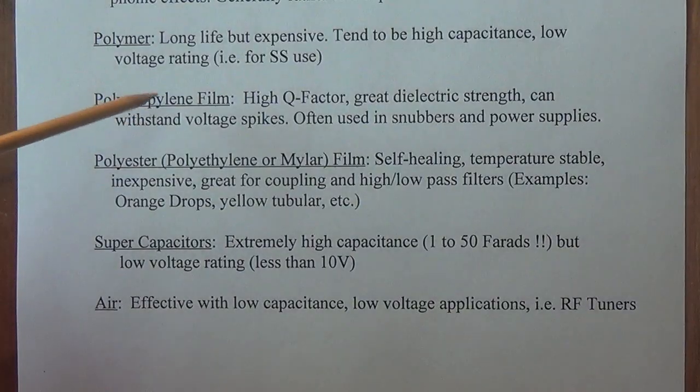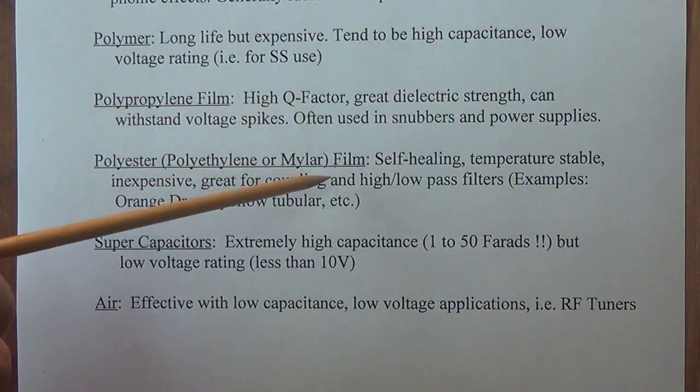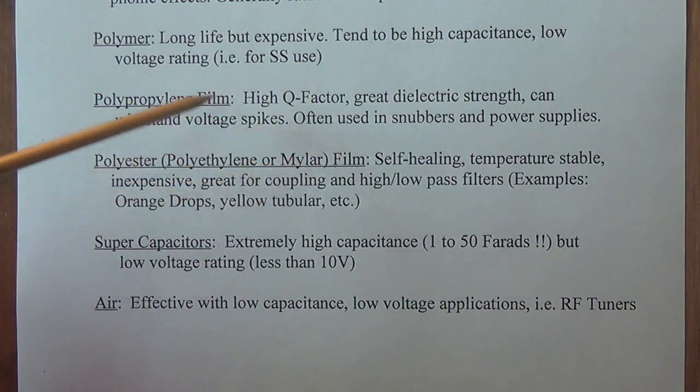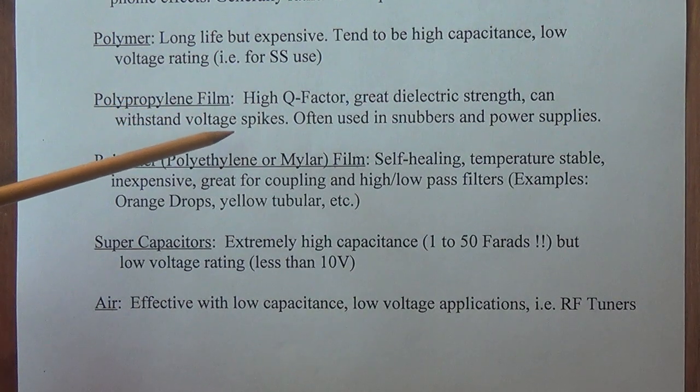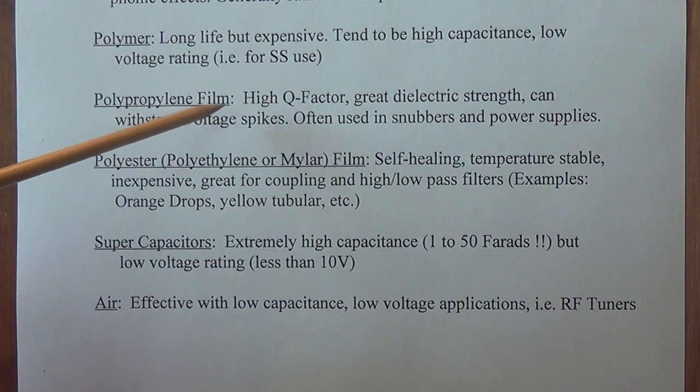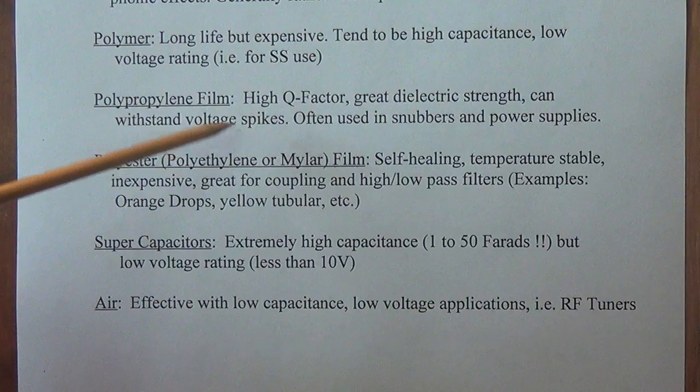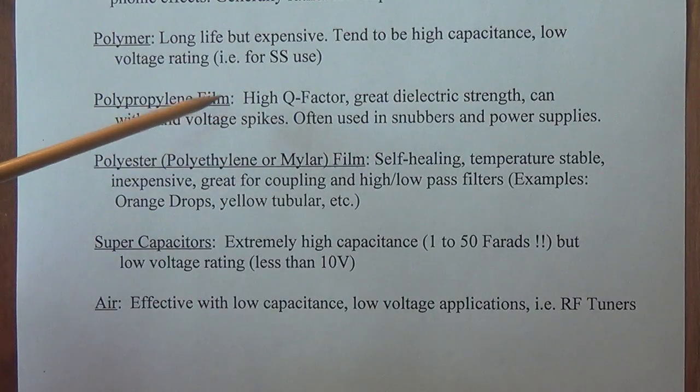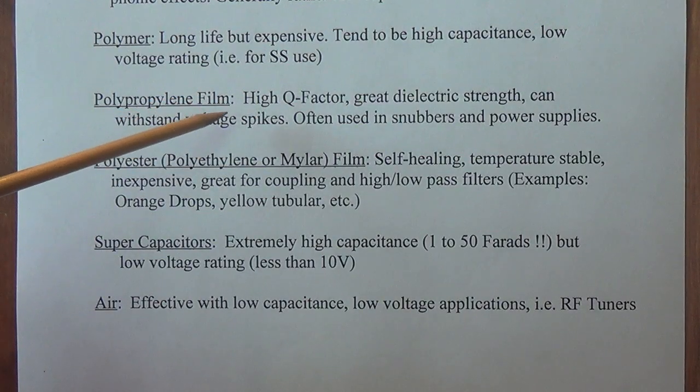The next two groups are called film capacitors. Their plates do not consist of a little square of rolled up aluminum foil, but instead their plates are actually formed by anodizing the metal onto the surface of the dielectric.